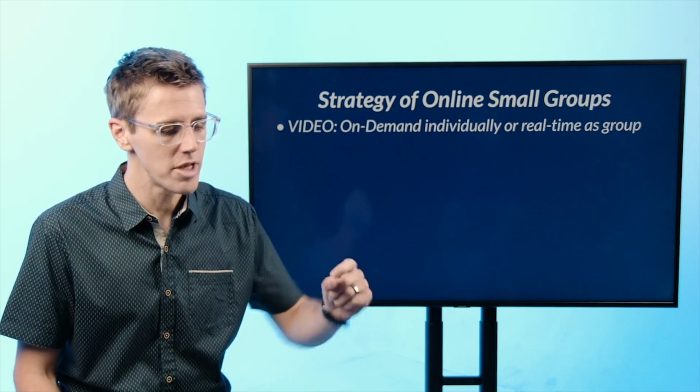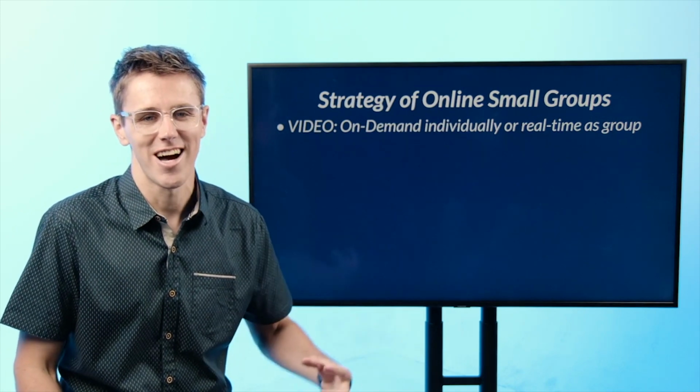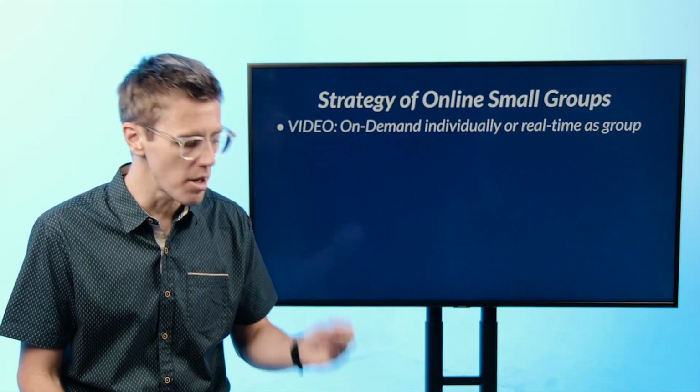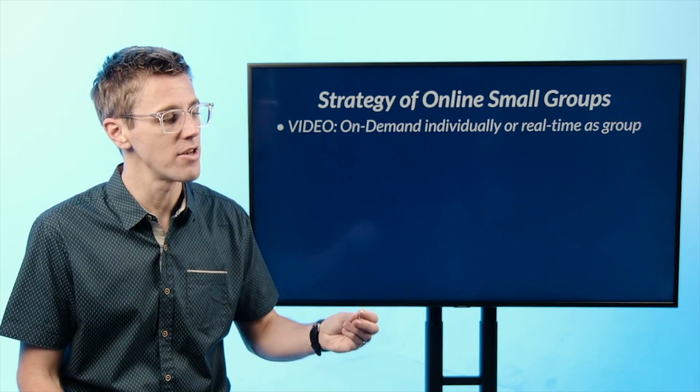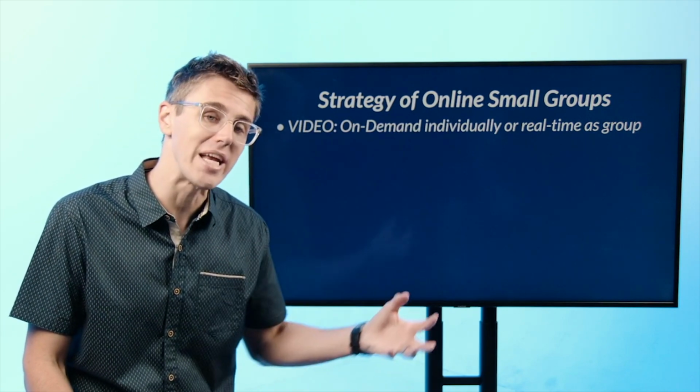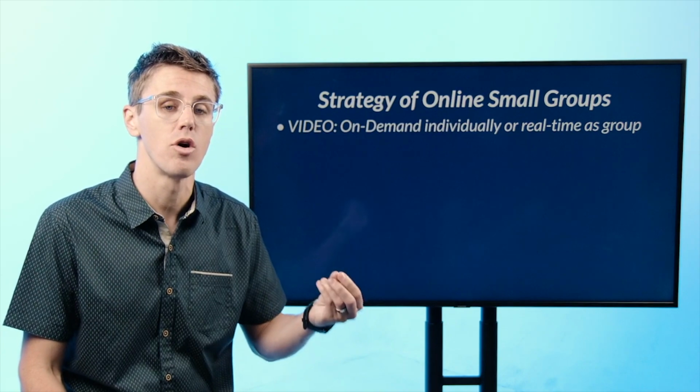Video. So typically when a small group gets together face-to-face, you're watching something or you're reading something. And what we have found with online small groups is that there are two ways they work. Sometimes online groups will watch the video or the curriculum individually prior to the meeting, or they'll get together and watch it in real time.